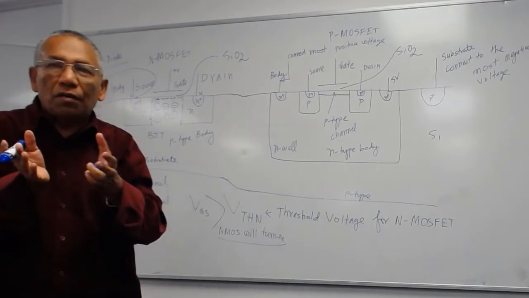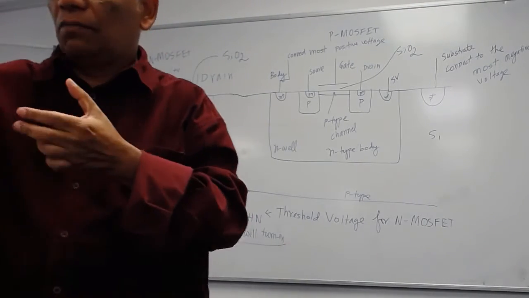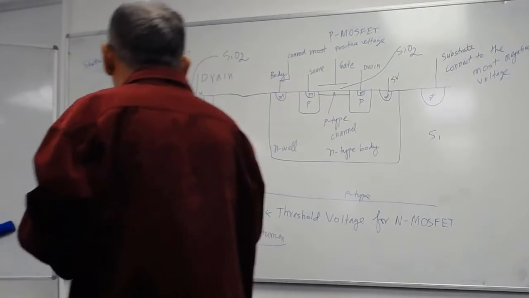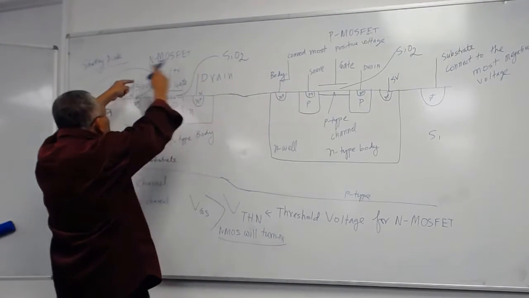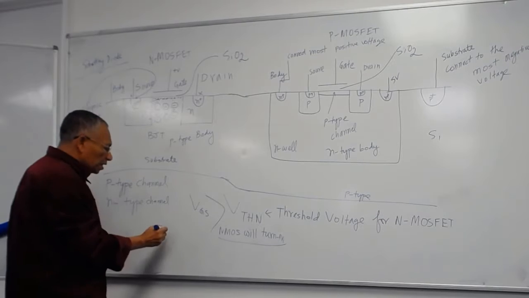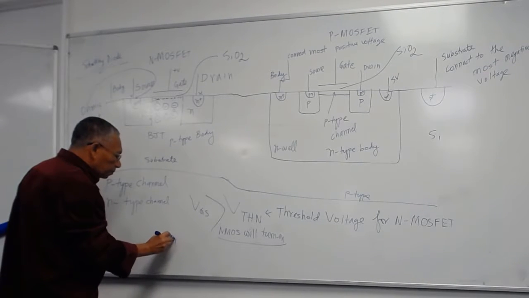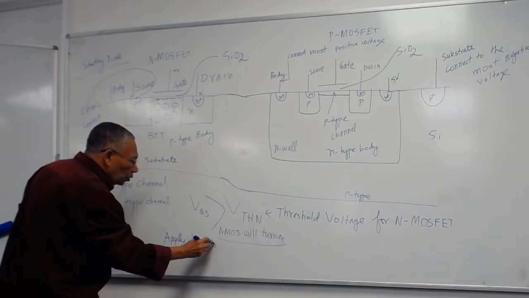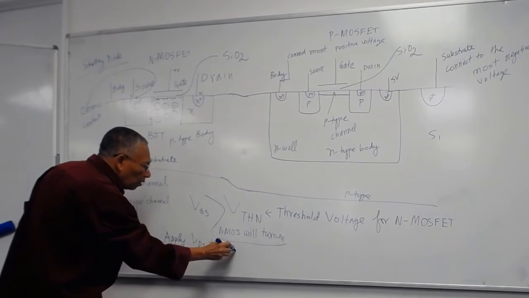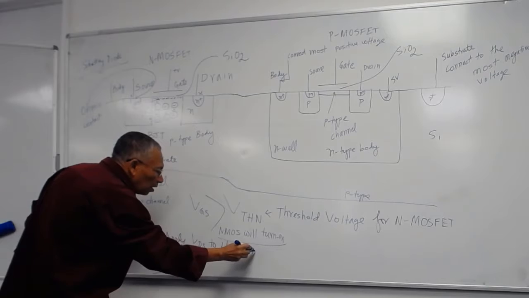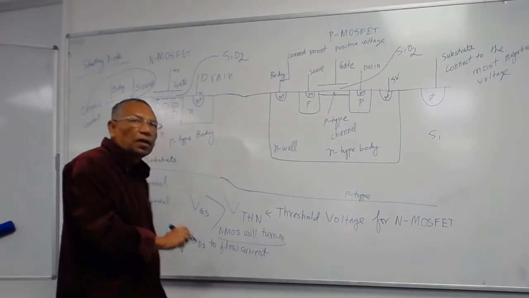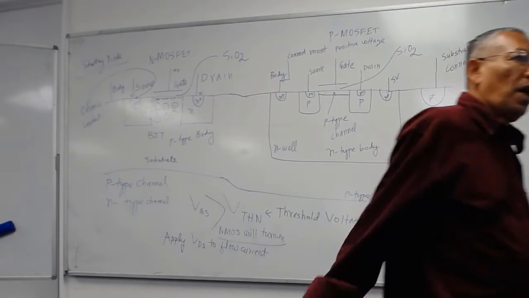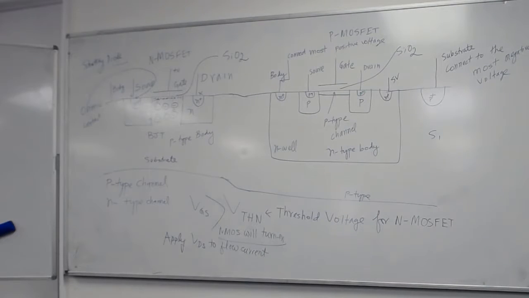That means you have a path for electrons to flow from the source to drain. Then you have to apply voltage VDS to flow current. So how much VDS to apply and what will happen, that is another story.